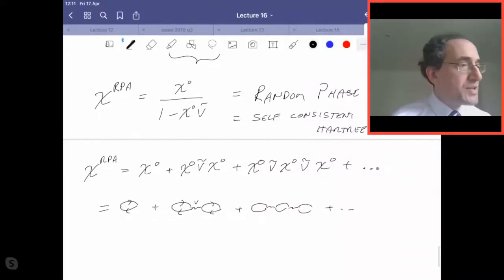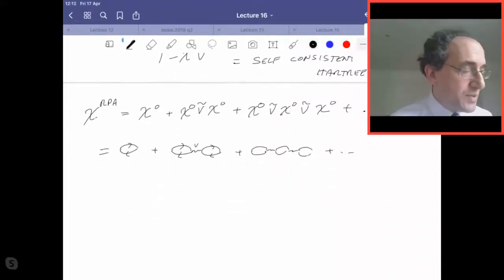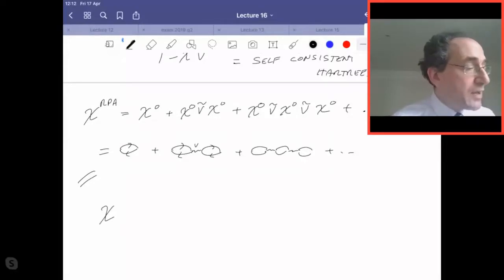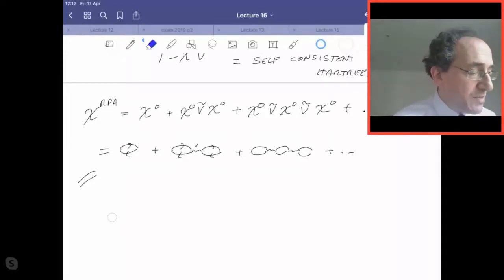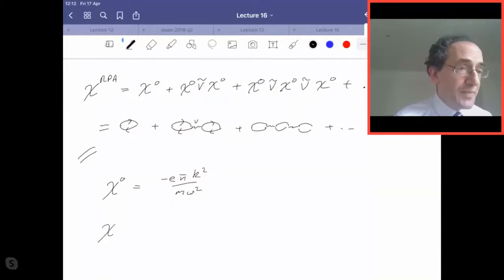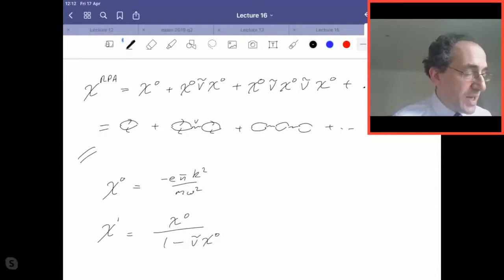Okay, good. So let's try to apply this to a particularly interesting case. Let's consider the case of high frequency, where we already calculated chi naught is minus e n bar k squared over m omega squared. Then we use the RPA result at high frequency, chi naught over 1 minus v twiddle chi naught.